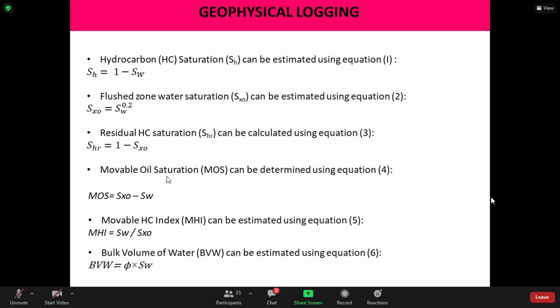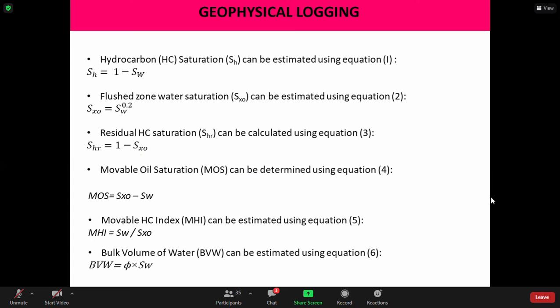Then we have movable oil saturation: MOS equals the water saturation of the flushed zone minus water saturation SW. Then we have the movable hydrocarbon index, which can be estimated using the ratio of water saturation to the water saturation of the flushed zone.